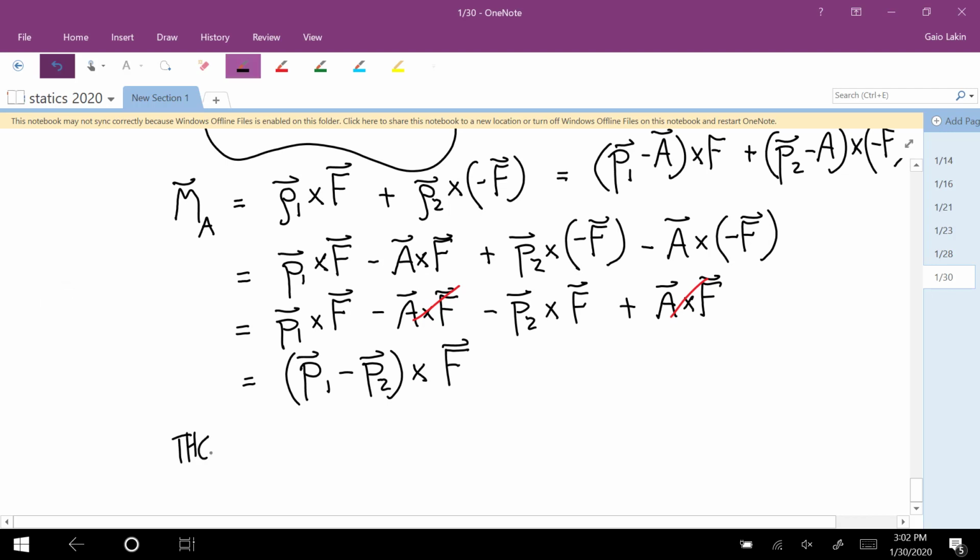So what we saw is that the moment of a couple is the same no matter what A is.